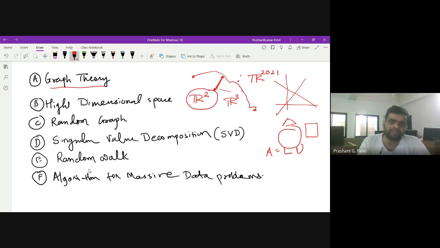Any matrix A is decomposed as an orthogonal matrix, a diagonal matrix, and an orthogonal matrix. This is known as the diagonalization process. The singular value decomposition is applicable for any matrix A, whether it is a square matrix or a rectangular matrix. For any matrix I give you, you are able to find its decomposition.